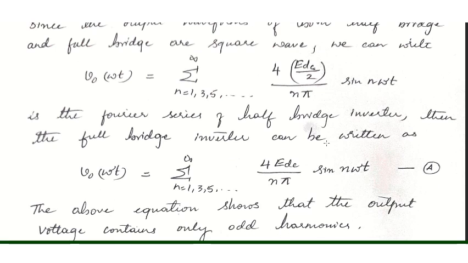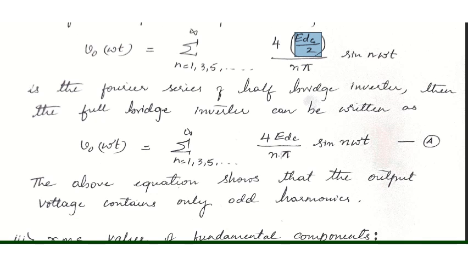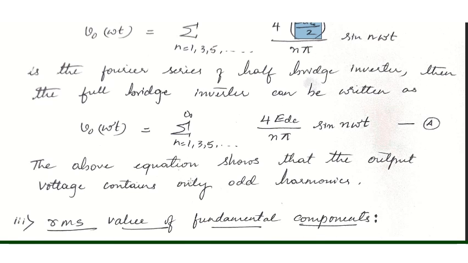So substituting the input voltage there for full bridge, it will be 4 EDC by n pi sine n omega t. So the above equation shows that the output voltage contains only odd harmonics.